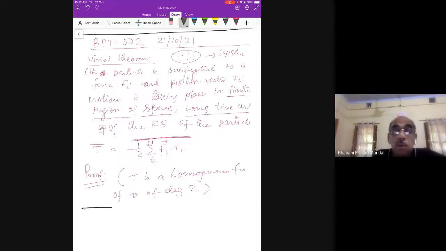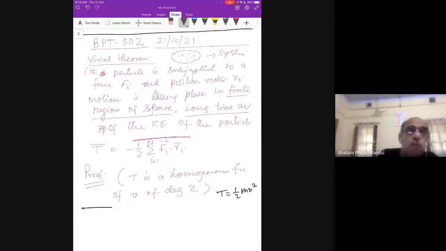If the kinetic energy is a homogeneous function of the velocity of degree 2, this we know. Kinetic energy is half mv square, so it is degree 2. If you have more than one particle, then you can have v1 square, v2 square.